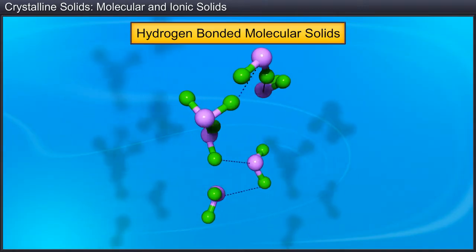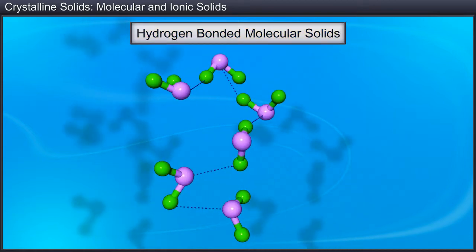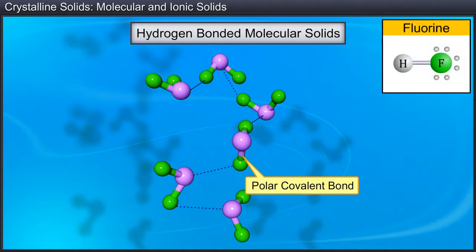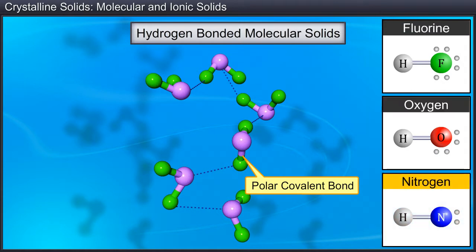In hydrogen-bonded molecular solids, like polar molecular solids, the constituent particles, molecules, are formed by polar covalent bonds. However, the bonded atoms in these molecules are essentially hydrogen and a highly electronegative atom, such as fluorine, oxygen, or nitrogen.